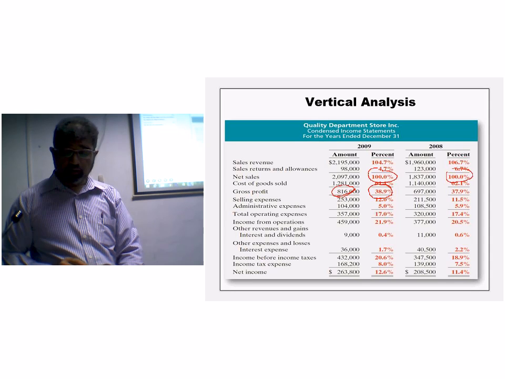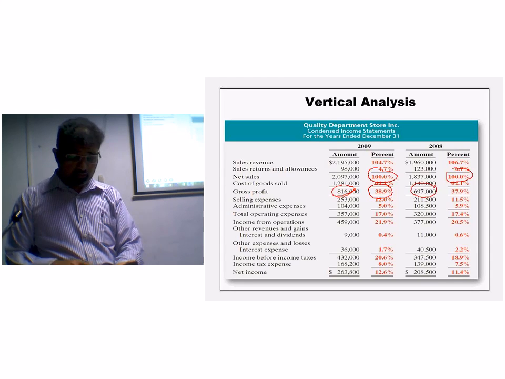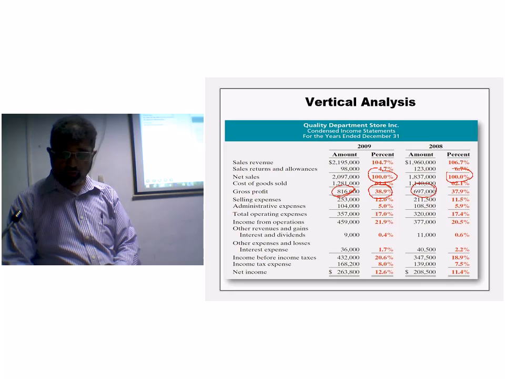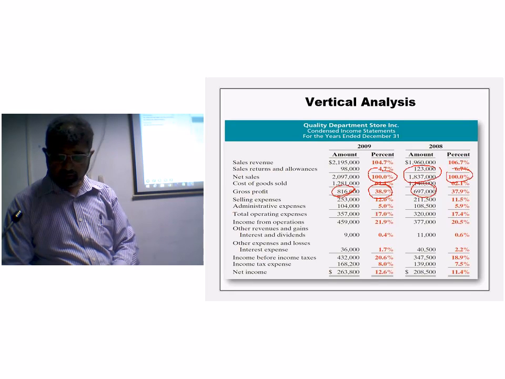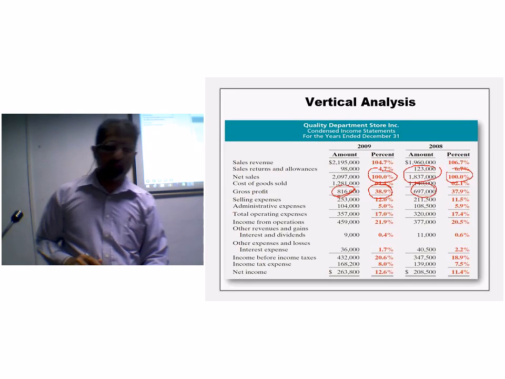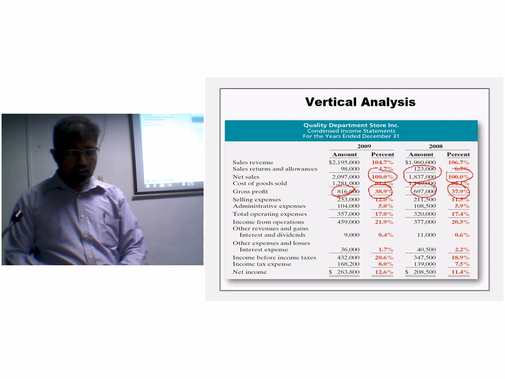Here also the same. If you take this year's gross profit 697 divided by sales, which is 1,837, into 100, 37.94, approximately 37.9.